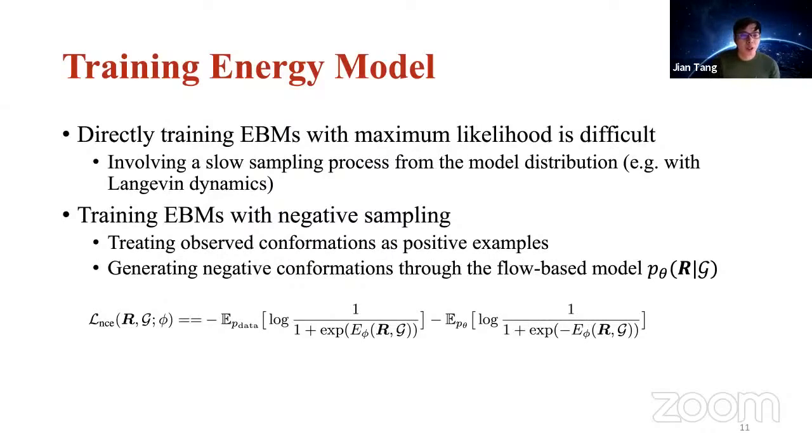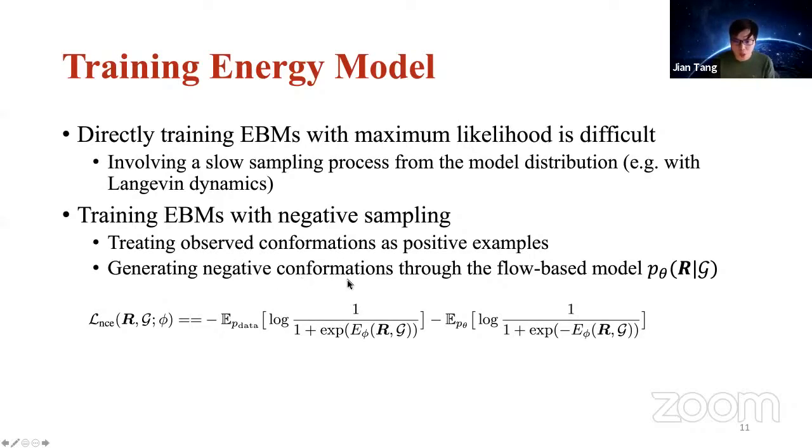So here, instead of using Langevin dynamics or MCMC for training the energy-based models, we train the energy-based models with negative sampling. The essential idea is to train a discriminator to distinguish between the positive conformations, which are the conformations we observe in our training data, and the negative conformations.